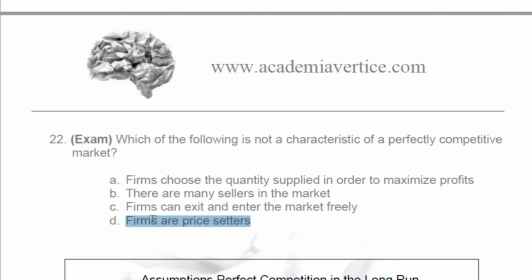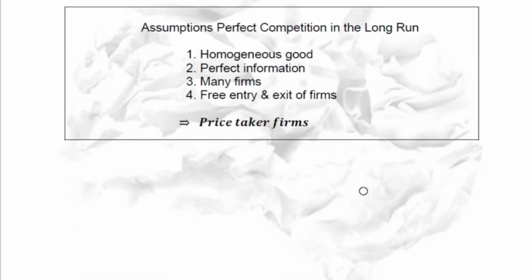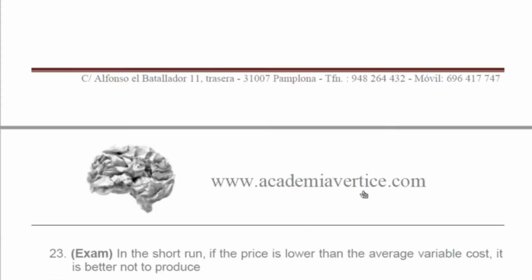Well, this is a very easy question, and so clearly this is false because firms are price takers, okay? As I told you in the previous video, these are the assumptions and this is the situation that the firm faces in a perfectly competitive market, okay.